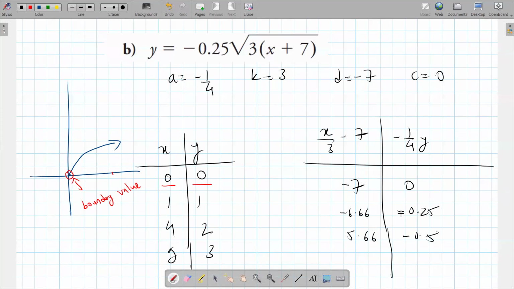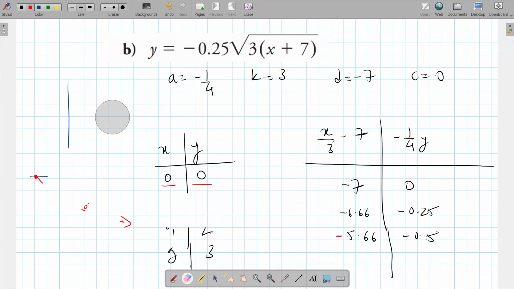We start here, that's the first point, negative 6.66, that's the second point, and this is the third point. So it's gonna look something like this. Just connect the points, and you're done. Radical transformation, super simple. One and done.